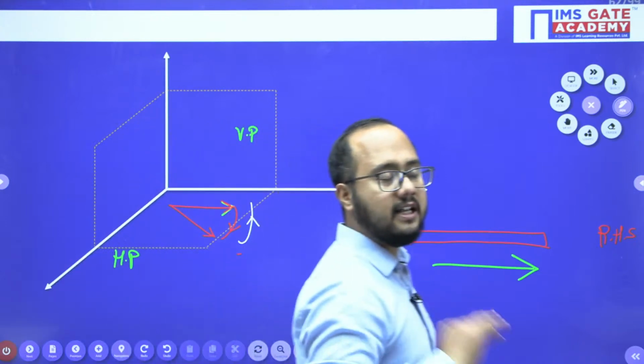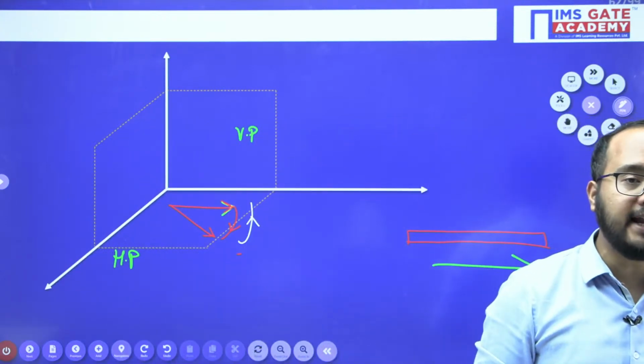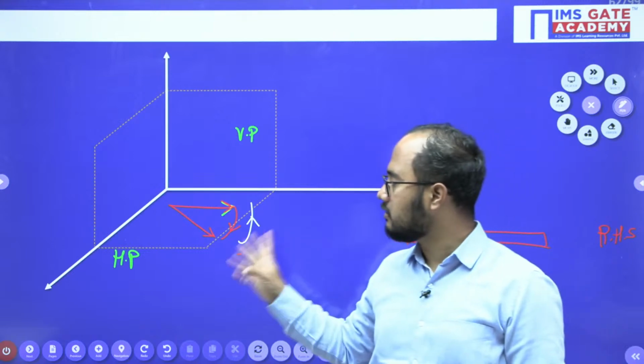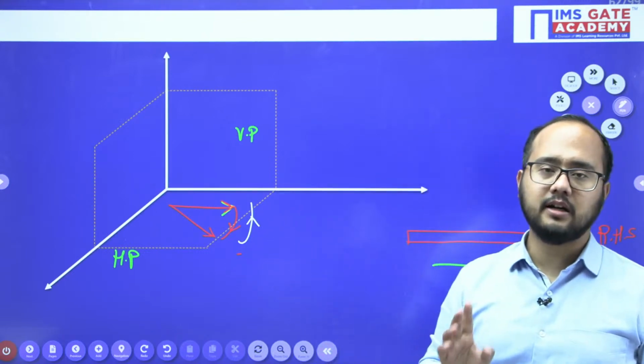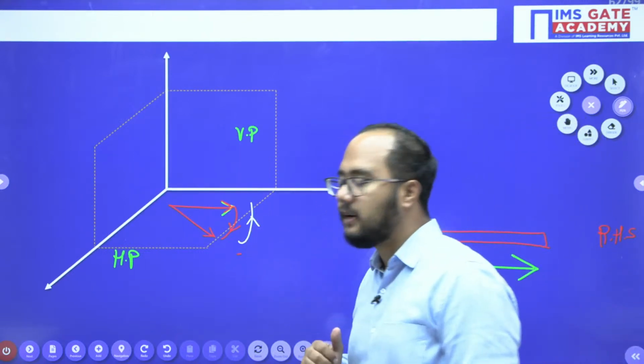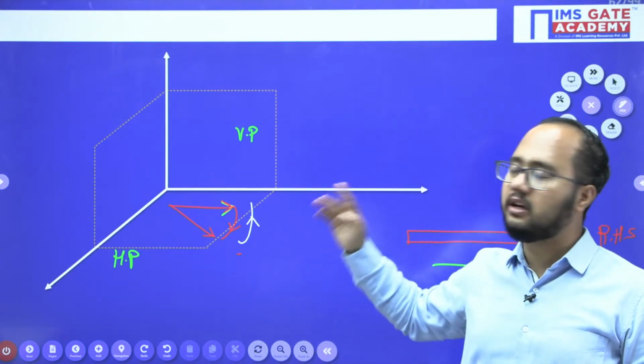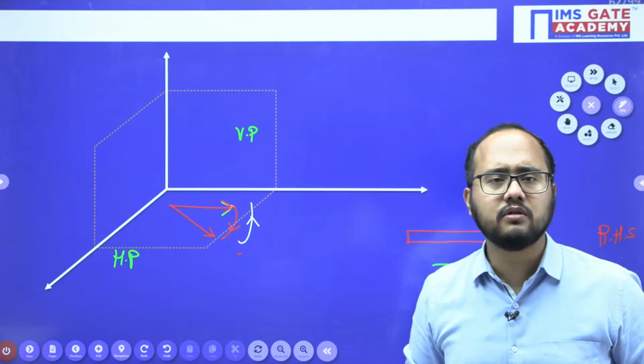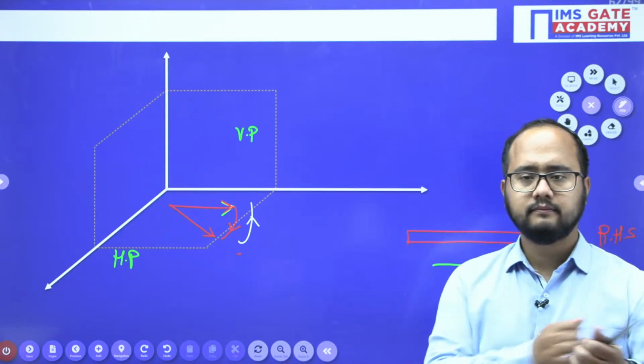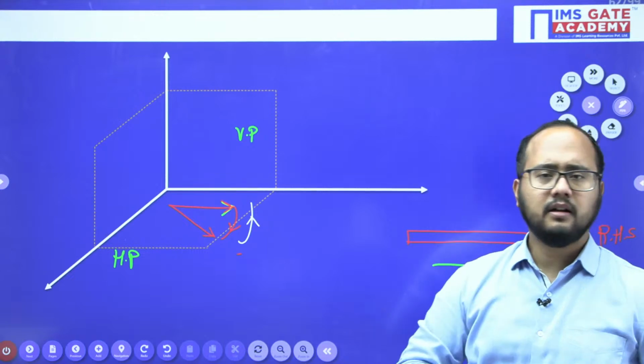See, everything is happening in a horizontal plane. That is the point you should understand. So when this reactive gyroscopic couple is there, you need to understand what will be its effect. Again you have to use the right hand thumb rule.